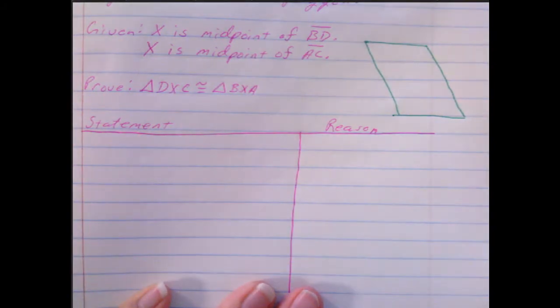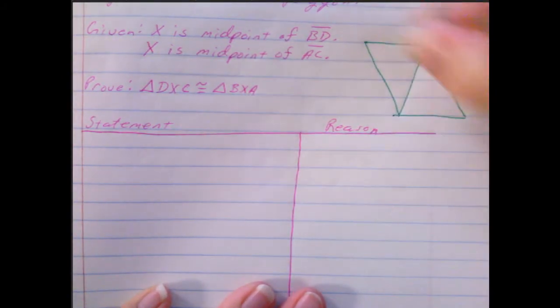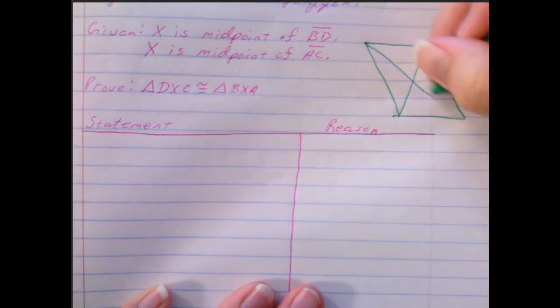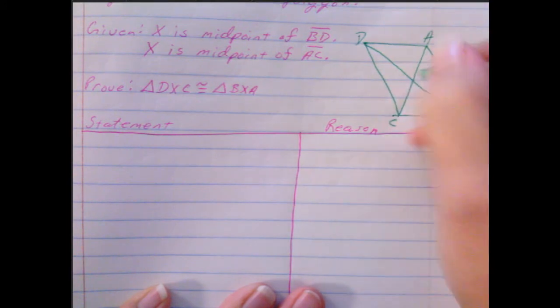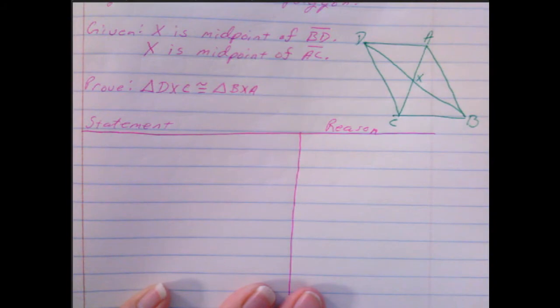So we have a shape like that, and then we're going to cross them. So we have our diagonals. So we have D, A, B, C, and then X is in the middle. Okay?